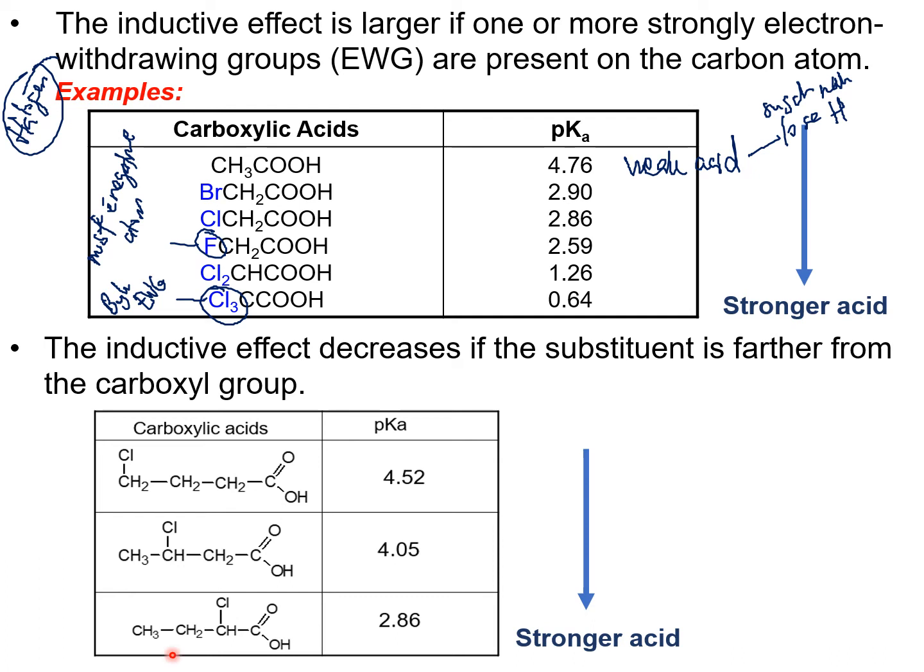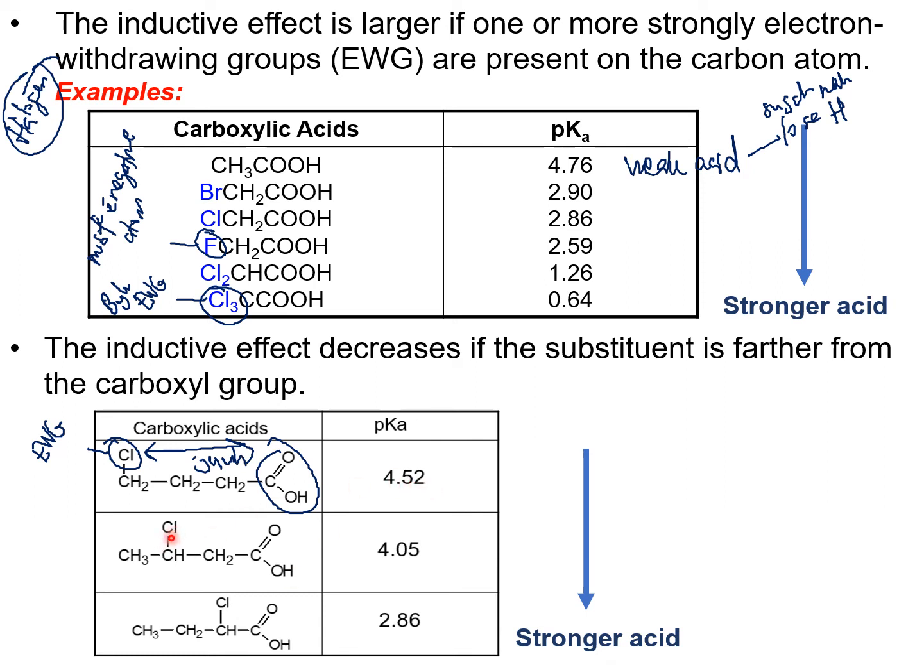Okay, so the negative effect akan decrease if the substituent is farther from the carboxyl group. For example, although Cl ni adalah electron withdrawing group, tapi kalau let's say dia jauh dengan COOH, dia punya distance-nya jauh, maka dia punya acidity pun takkanlah tinggi sangat.